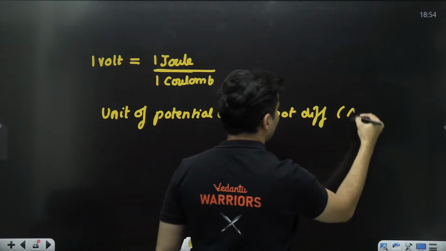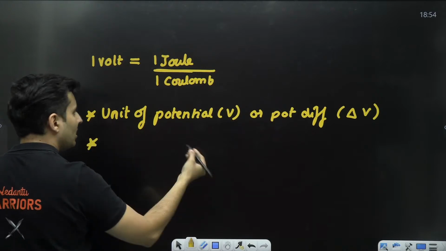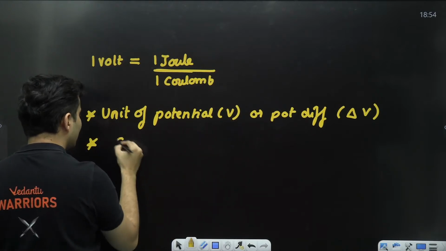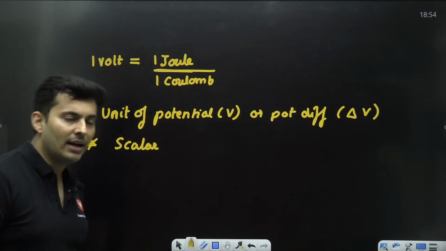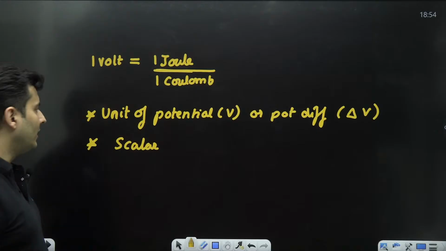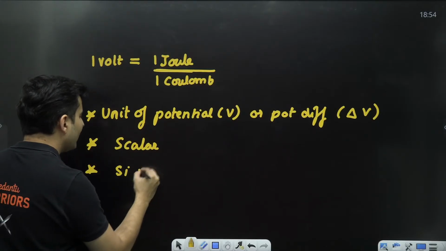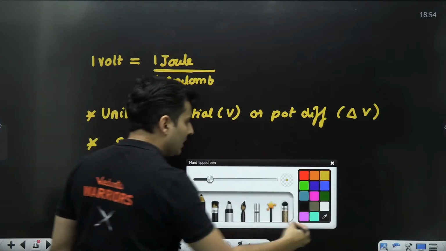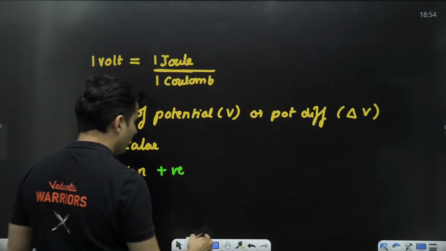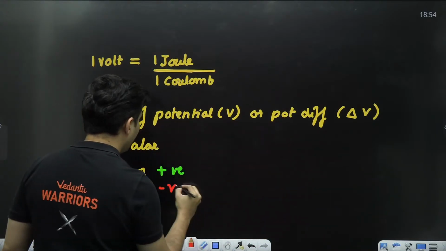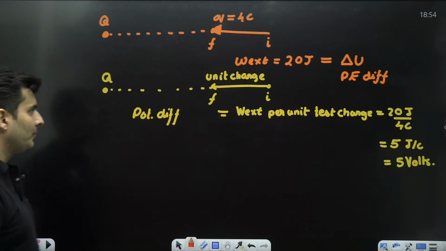Potential difference means delta V. Also keep in mind, potential difference, potential energy, etc. are all scalar quantities. They do not have directions. Also, sign-wise, just like potential energy could be positive or negative, same way this can be positive or negative as well.